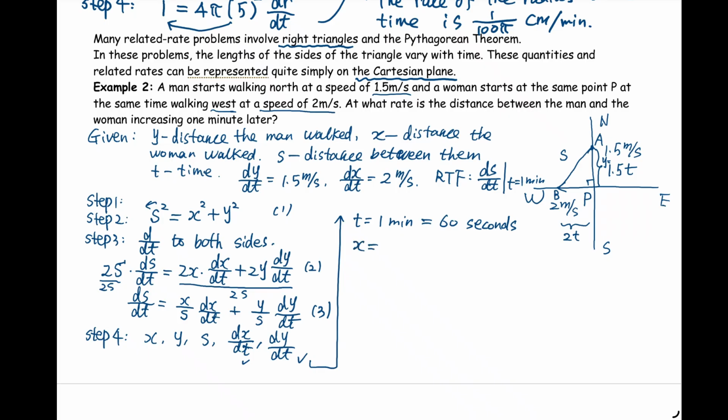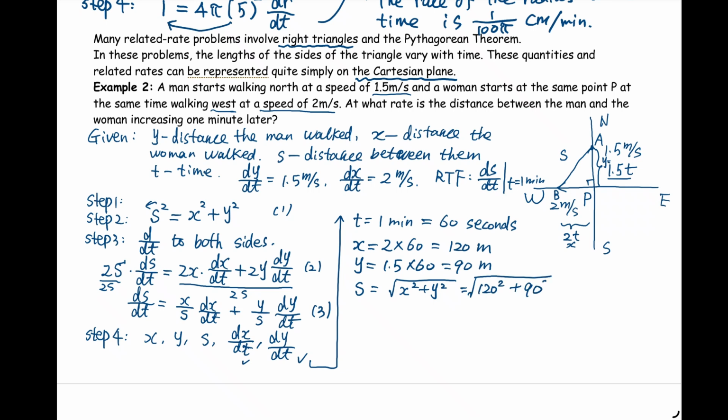So x equals 2 times t, 2 times 60 gives us 120 meters. And y equals 1.5 times 60, is 90 meters. And the distance between them is the square root of x squared plus y squared, equals the square root of 120 squared plus 90 squared, which is 150 meters.